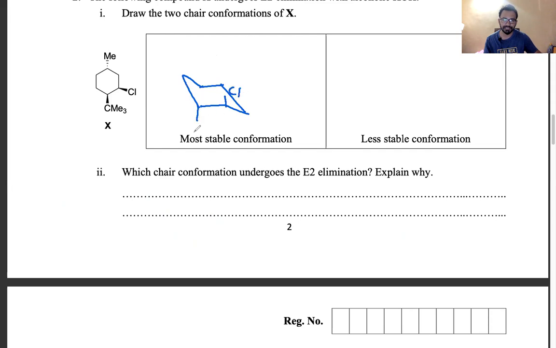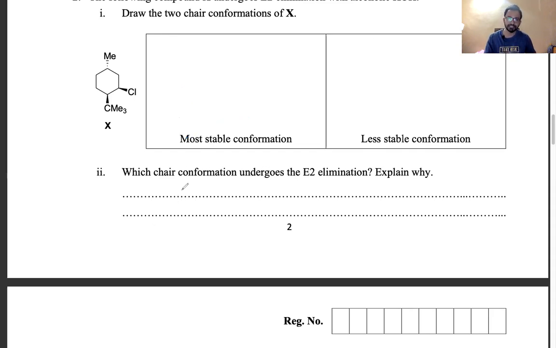If the Cl is axial, the H should also be axial, right? It should be in the axial position. When this one comes here, this is what will happen. This is the way we call anti-periplanar arrangement.